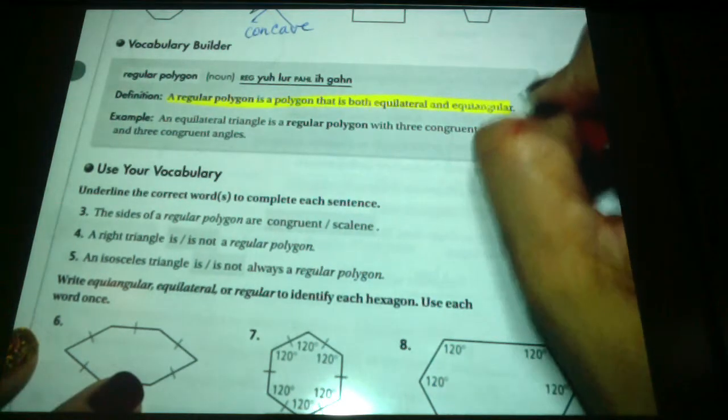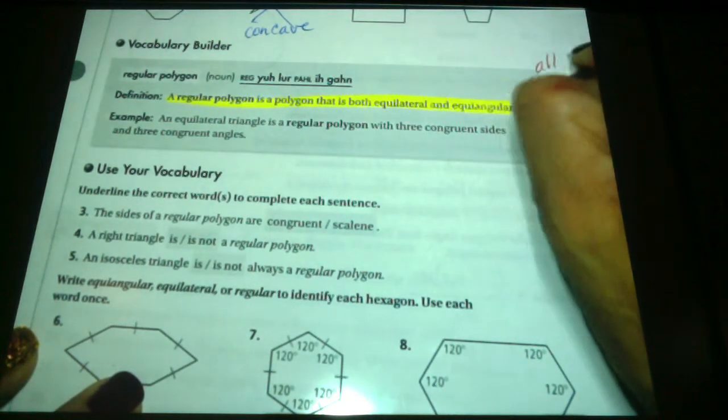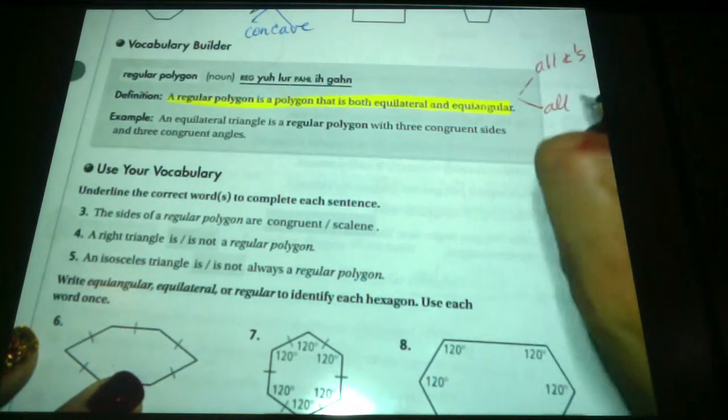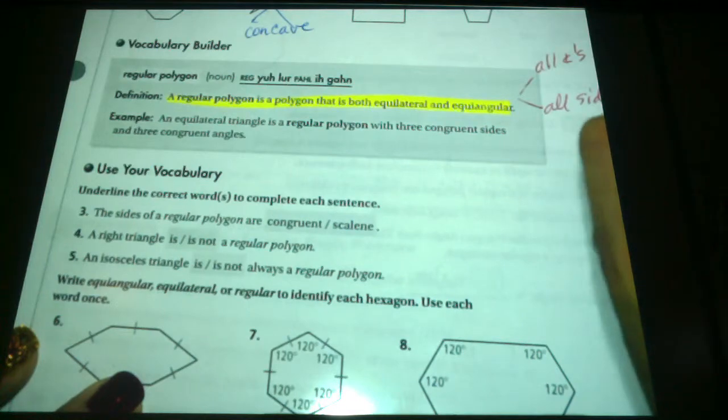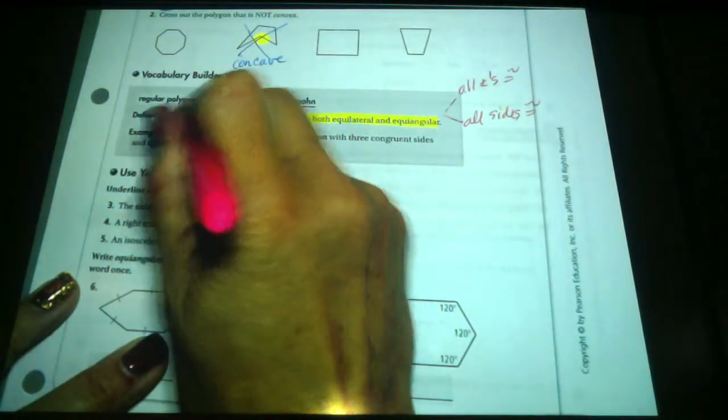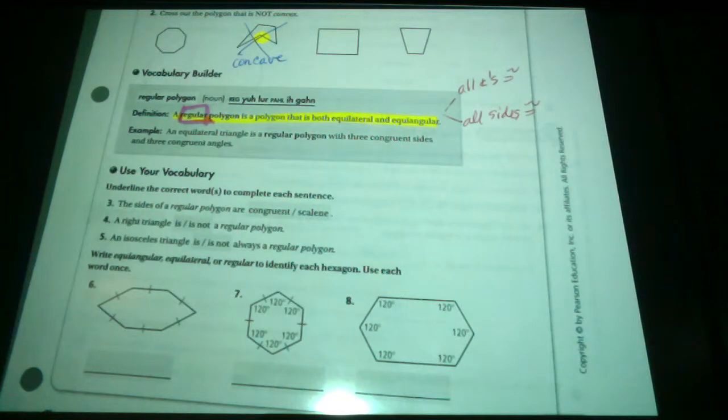So that means that all angles are congruent and all sides are congruent. And that's what the word regular is telling you. So if you have a regular pentagon, they're telling you all interior angles are congruent and all exterior sides are congruent.